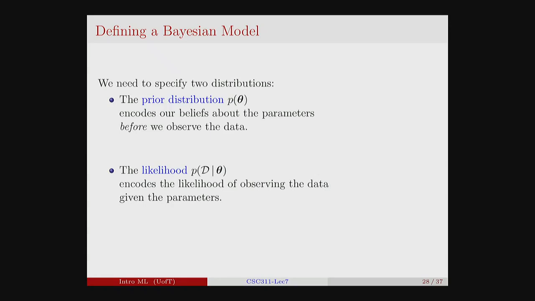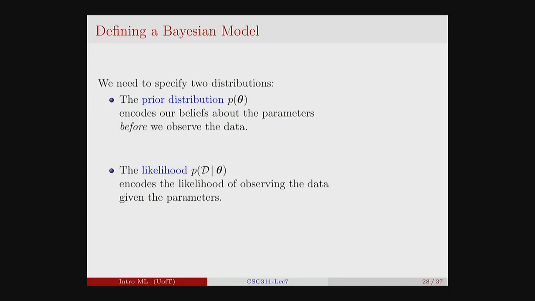And what we're going to do right now is define, as domain experts, a prior distribution over what theta should be. And what this prior distribution is going to do is that it's going to encode our beliefs about how we think theta should behave before we observe any data altogether.